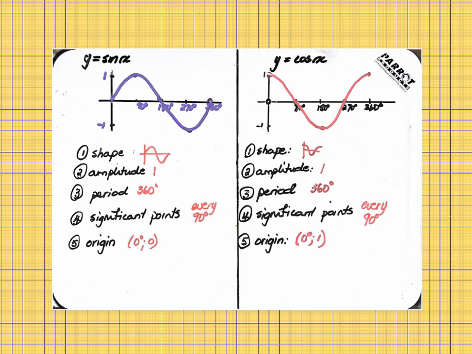So the only difference that you need to worry about is the shape, and the only aspect of the shape is the y-intercept. It goes through the origin with the sine x function, and it starts at y equal to 1 on the cos function.